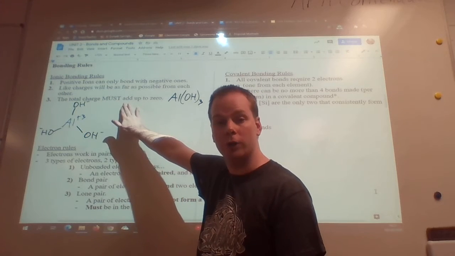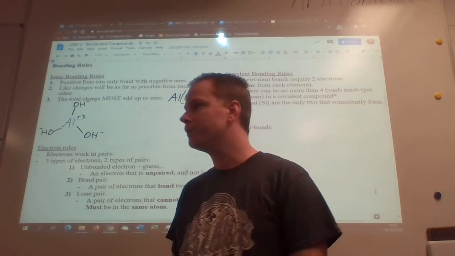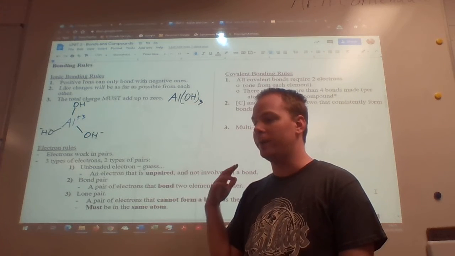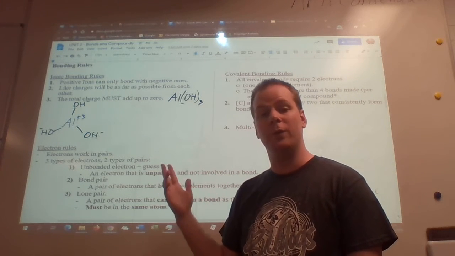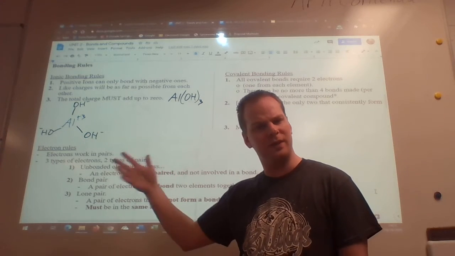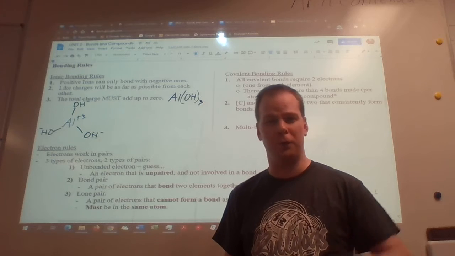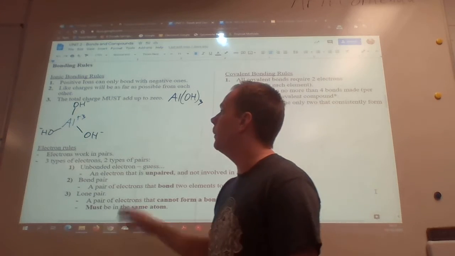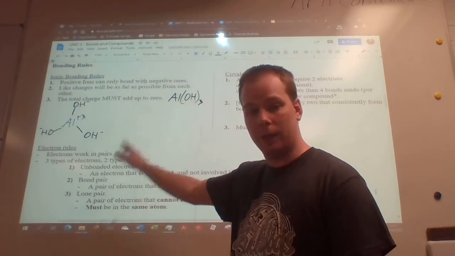The total charge is 0. Okay? Now, how this actually happens, we talked about when we did ionic bonds. So if you want to go back and look at the bond types video, I'll walk a little bit through how this tends to actually happen with atoms that are ionizing. Okay, but that's the main thing for ionic bonds.